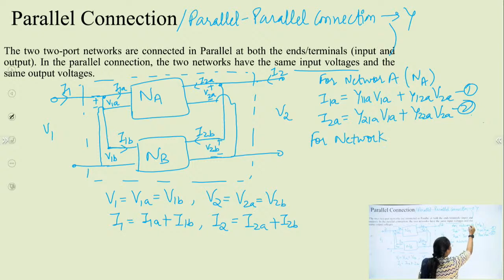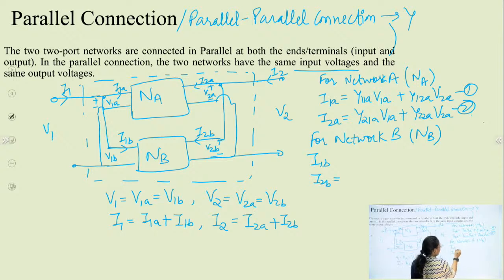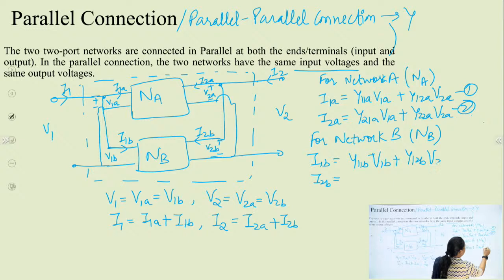For network B, the equations will be I1B equal to Y11B V1B plus Y12B V2B, okay.